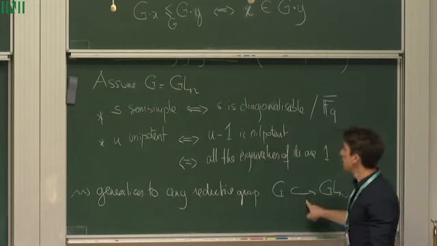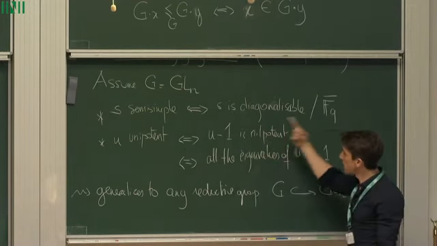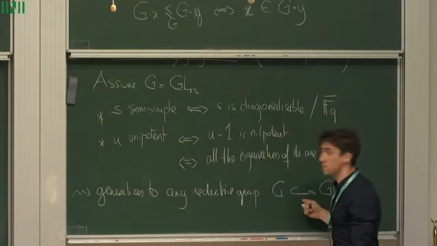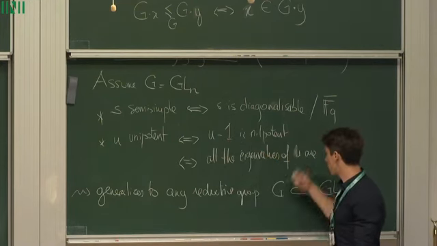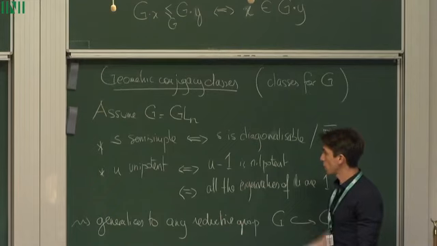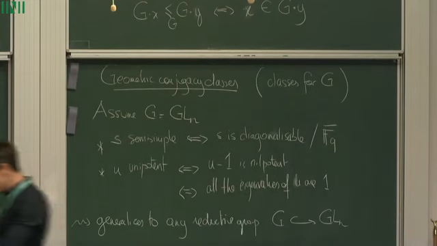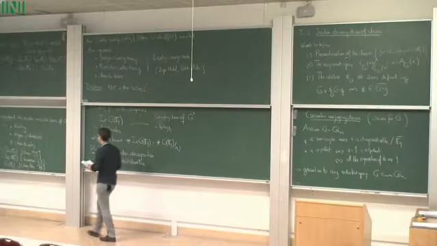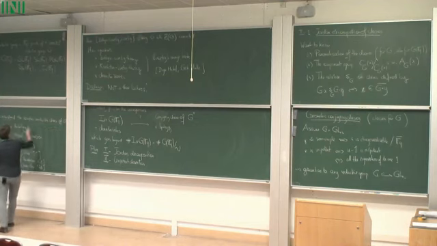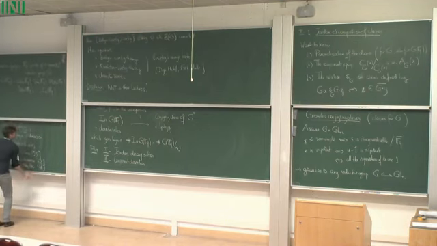And again, the fact that it's semisimple and unipotent really does not depend on the embedding. That's one of the first properties that you want to show when you work with these semisimple and unipotent elements. Okay. So what do I want to do with this?